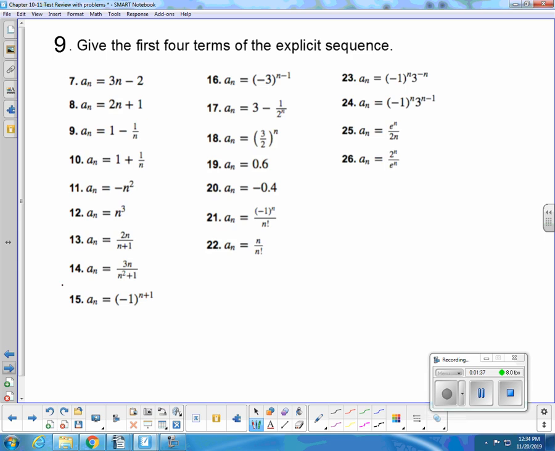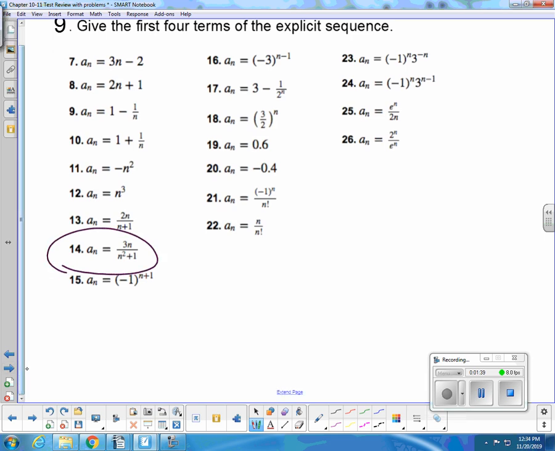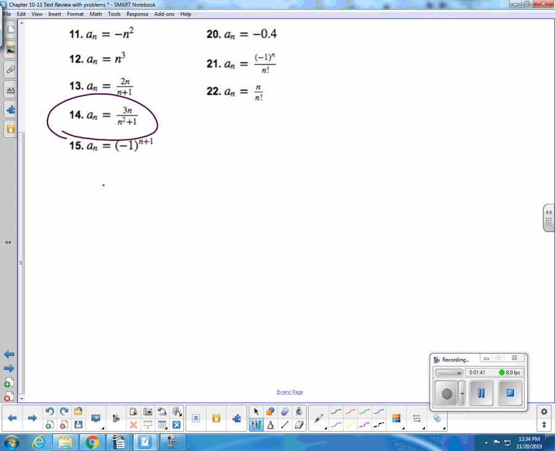14. Looks good. So we're going to do 3 times 1 over 1 squared plus 1. So the top is 3, the bottom is 2. Then I'm going to put 3 times 2 over 2 squared plus 1. So up top we have 6, and on the bottom we have 5.